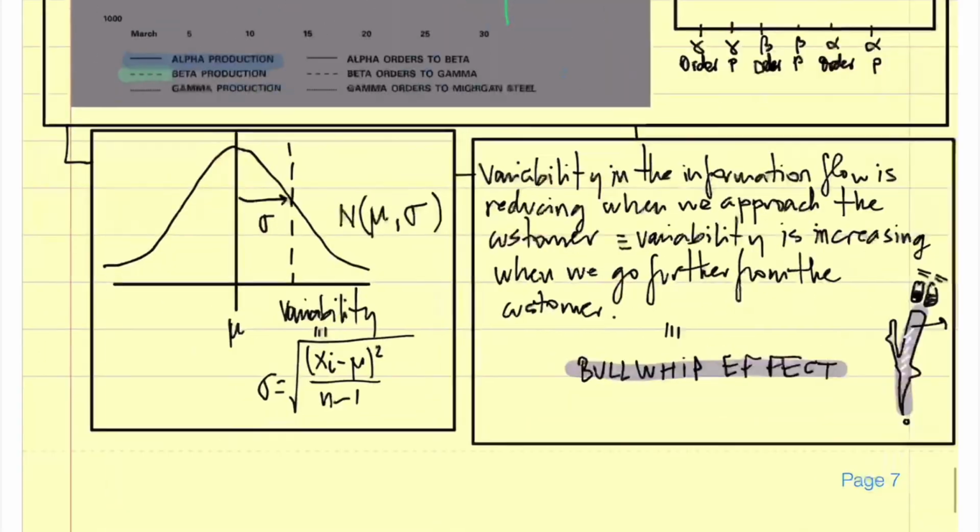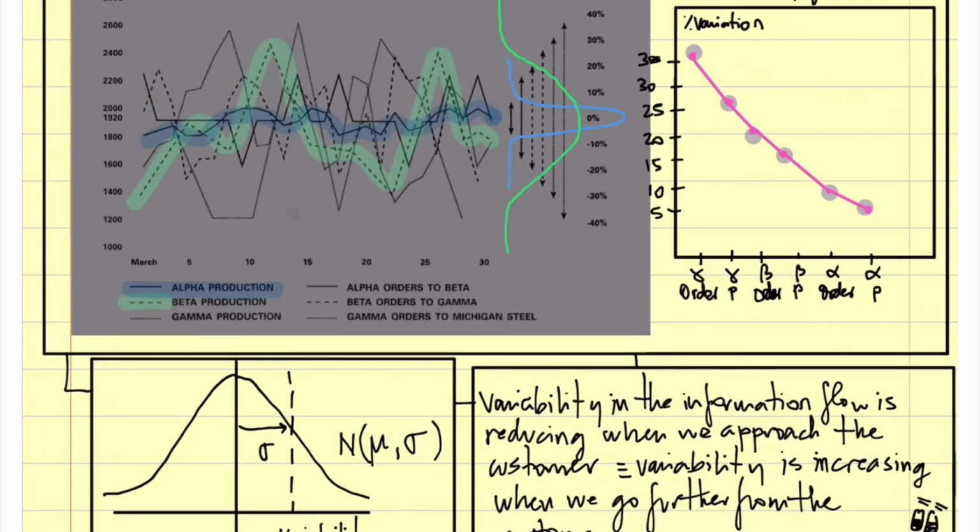So does it make sense? Questions, please.